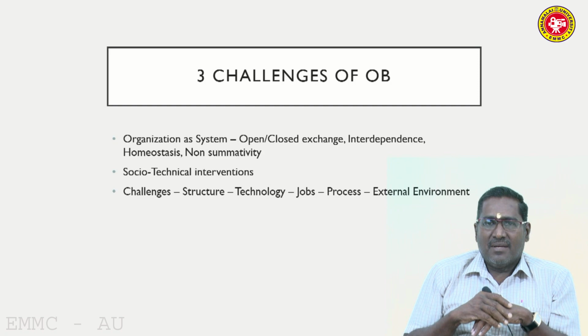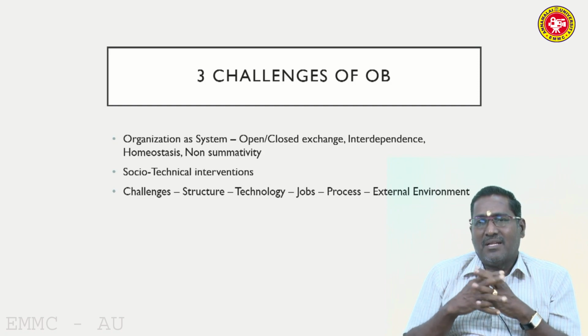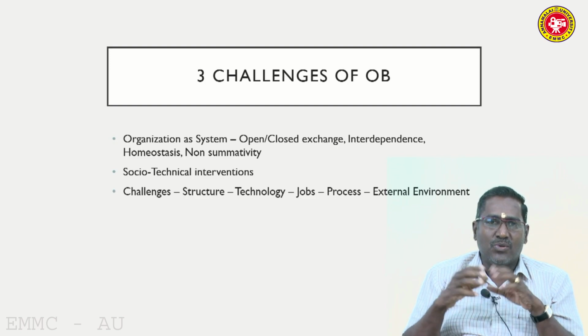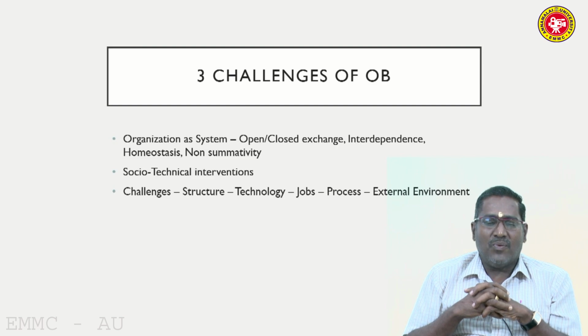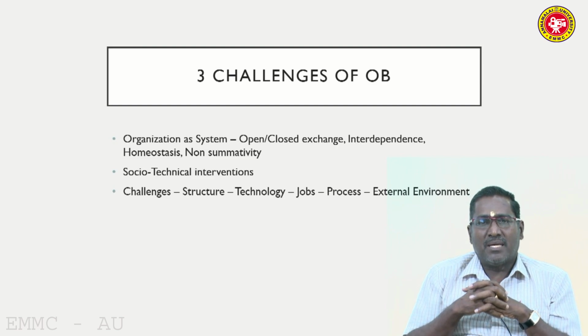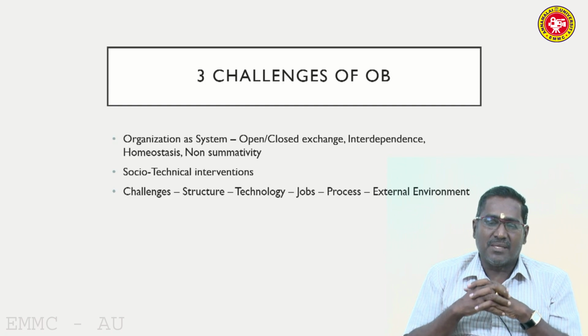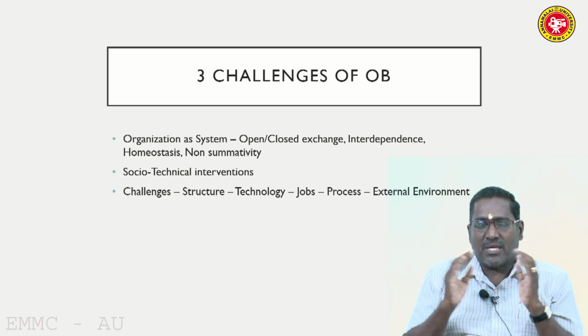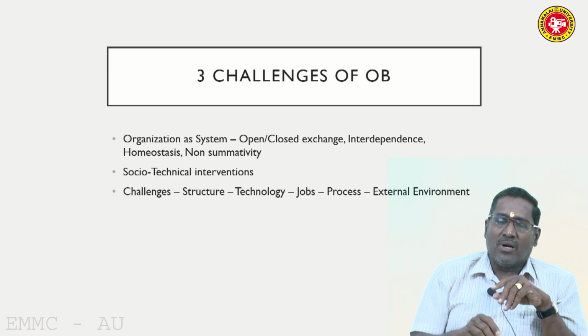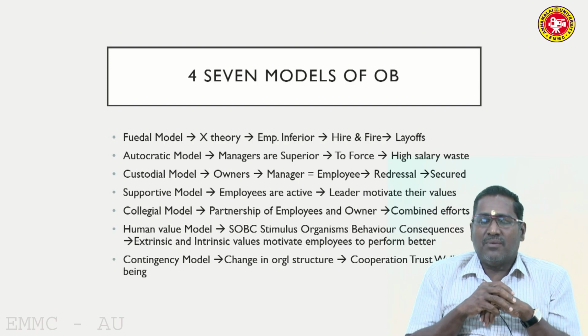Even our life partner in Japan happens to be a robot. So the mechanical side has come into individual life. It's also in that way socio-technical interventions, how it is keeping the individual to stay in an organization. And we see structure, technology, jobs, process and external environment all together as challenges of the organization.